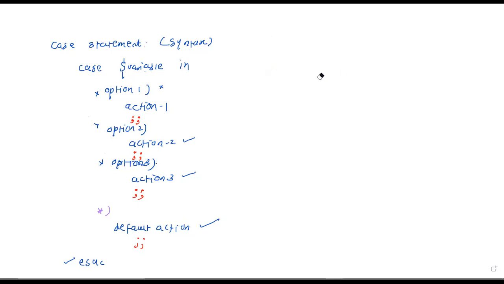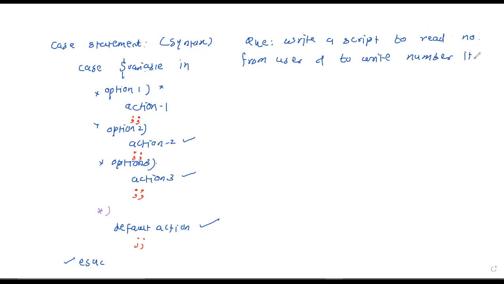So next one, now let us write one script. Suppose we write a script like this. Write a script to read a number from the user, and to write the number in the form of letters.